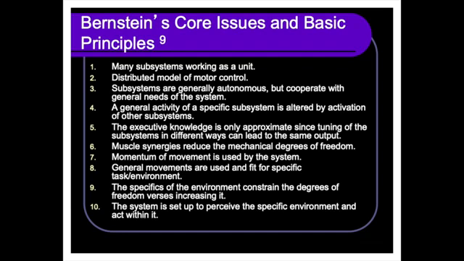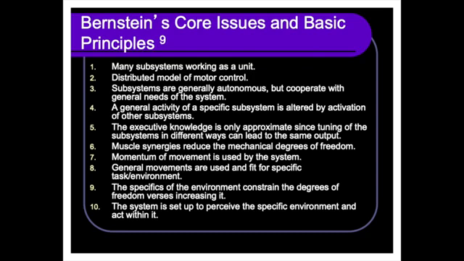One subsystem may be the musculoskeletal system. One may be the neuromotor system. Another may be the balance or postural control system. So there are a lot of different subsystems within the body, and they actually work together as a unit to produce a motor behavior.